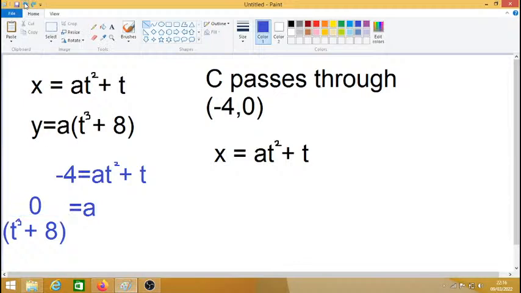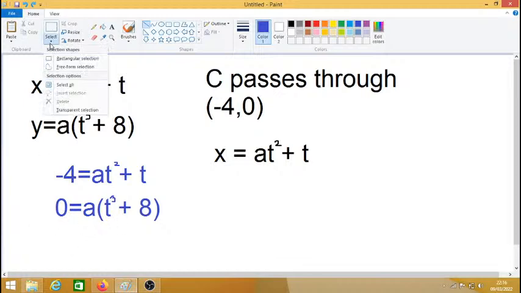Nope, that's not going to work either, because you'd have 0 divided by something, and that'll just be 0. So that's not really going to help.